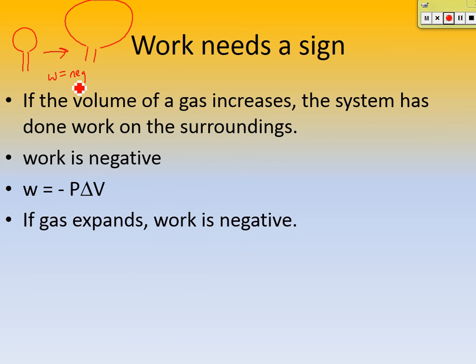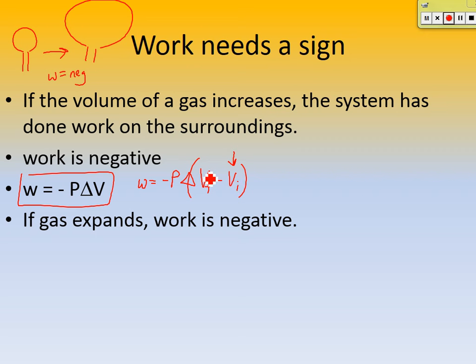And we can see that if we look at this equation here. Work is equal to a minus pressure times change in volume. What we're really saying there is volume final minus volume initial. And if the initial volume is pretty small, like it is right here, see how this would be a pretty small number?